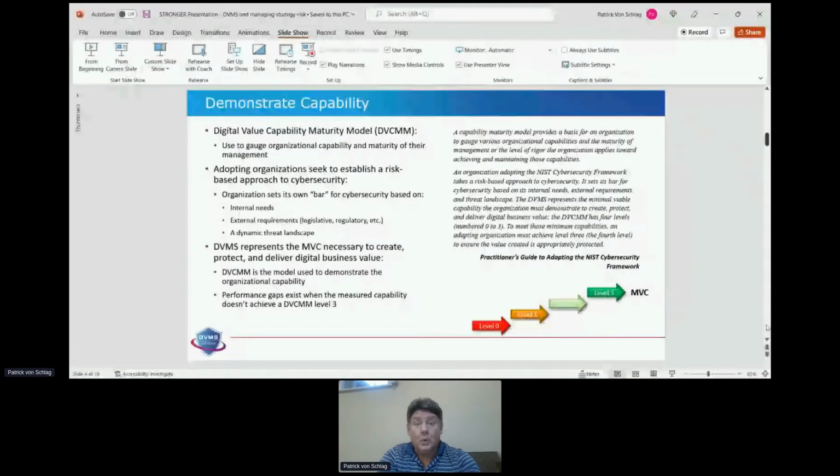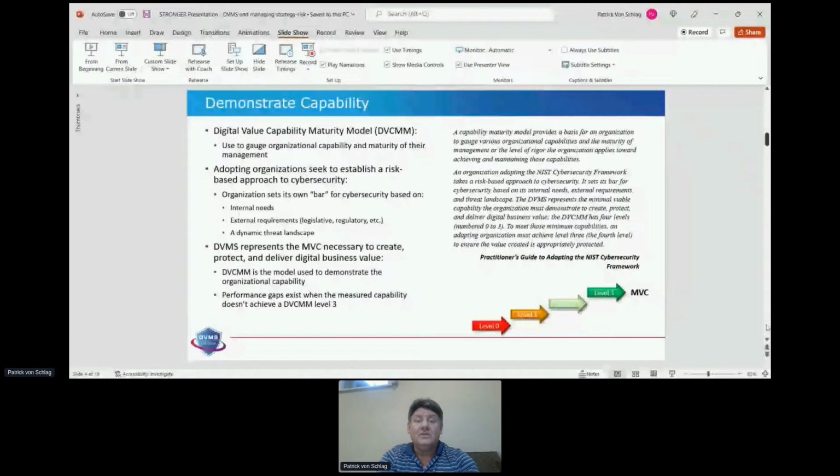In order for your organization to successfully integrate cybersecurity risk management into your overall digital value approach requires you to think about this stuff holistically, based on your organization's specific internal strategies and goals, based on the external legal and regulatory requirements you're subject to, and of course, subject to the complex sets of vulnerabilities, threats, and risks that we face that are continuing to evolve.